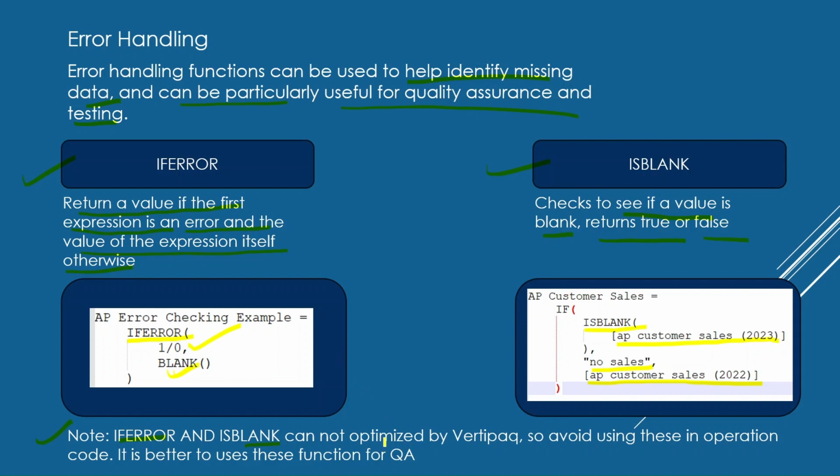So avoid using them. When the code is in production, don't use IFERROR or ISBLANK. It is better to use these functions at the time of quality assurance or testing.